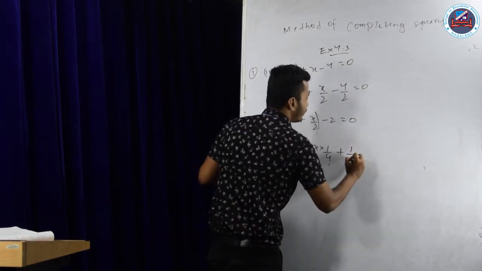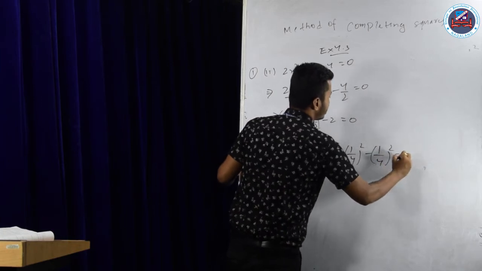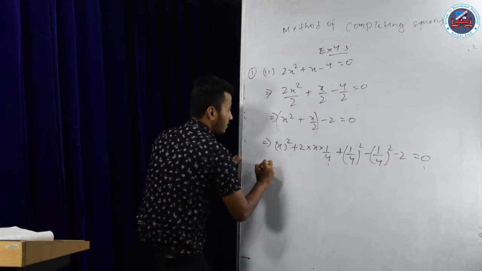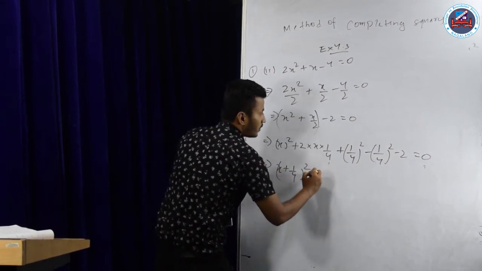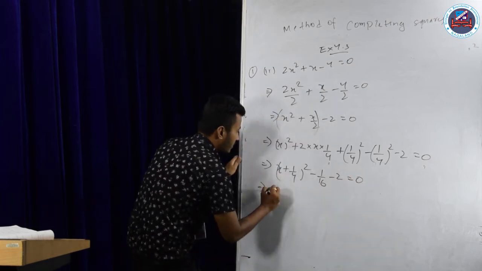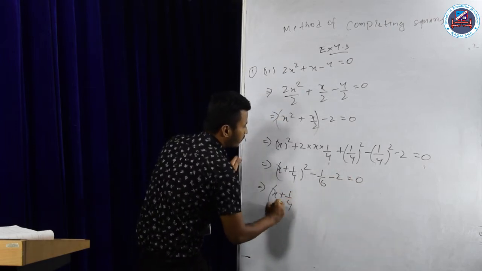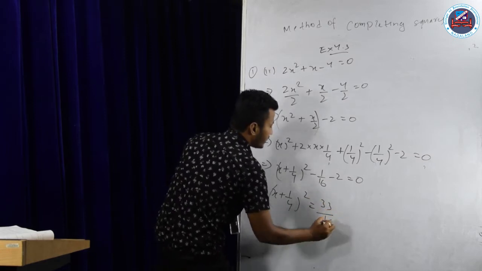Plus 1 by 4 whole square minus 1 by 4 whole square minus 2 equals to 0. So this becomes x plus 1 by 4 whole square minus 1 by 16 minus 2 equals to 0. x plus 1 by 4 whole square equals to 33 by 16.